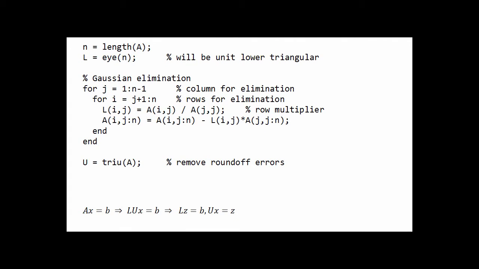I'm sorry, it's what's going to multiply row J in order to do the elimination in row I. And we store that in the matrix L. And then we do the row operation in the next line, which makes the proper element equal to 0. So it makes the ij element equal to 0.